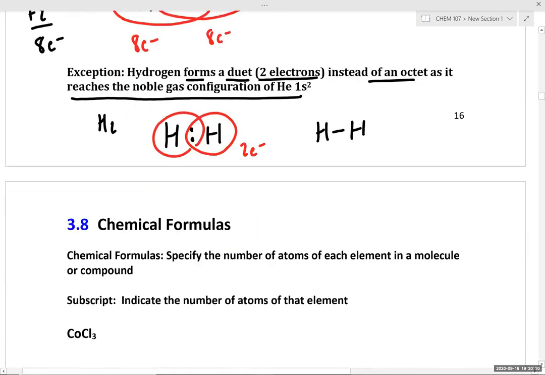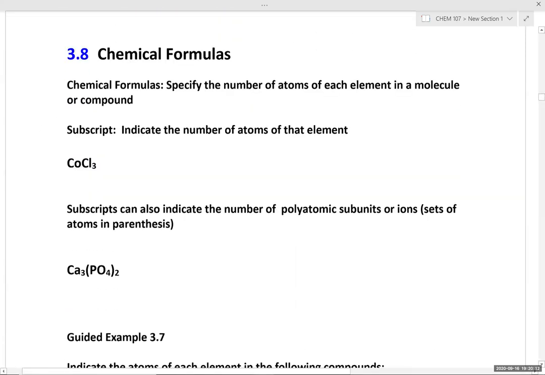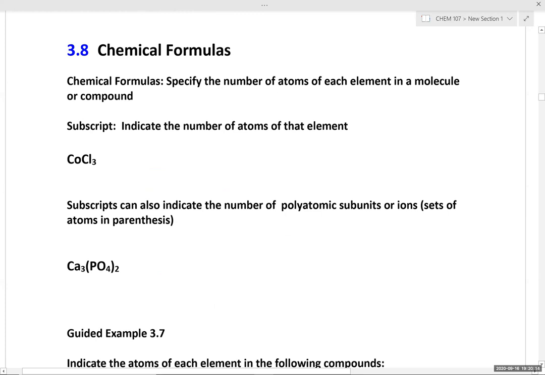So, before we start talking about drawing these Lewis structures, let's unpack chemical formulas. Chemical formulas specify the number of atoms of each element in a molecular compound. And the subscript, which is this number written in subscript notation, indicates the number of atoms of that element.